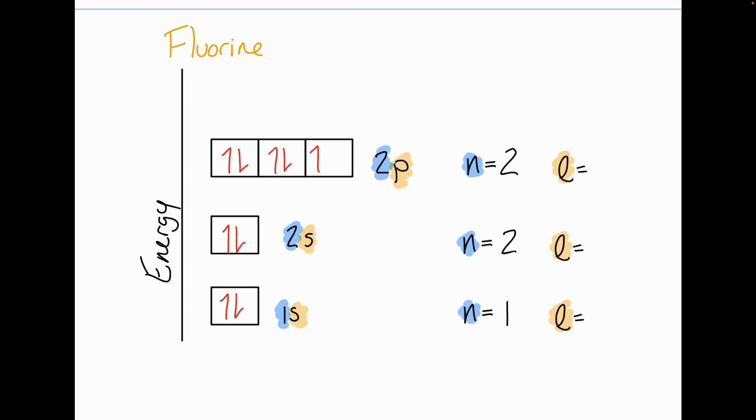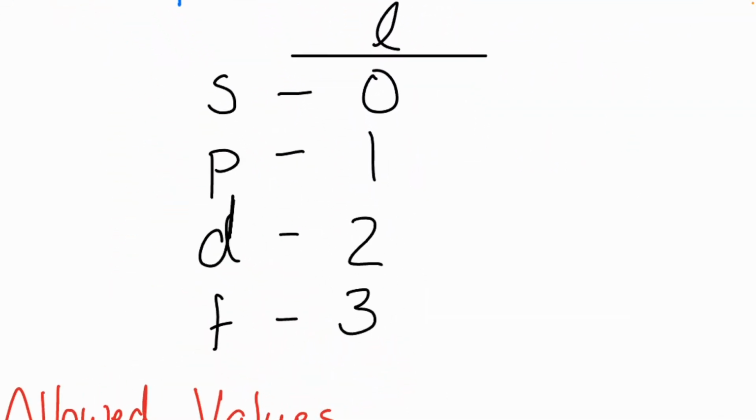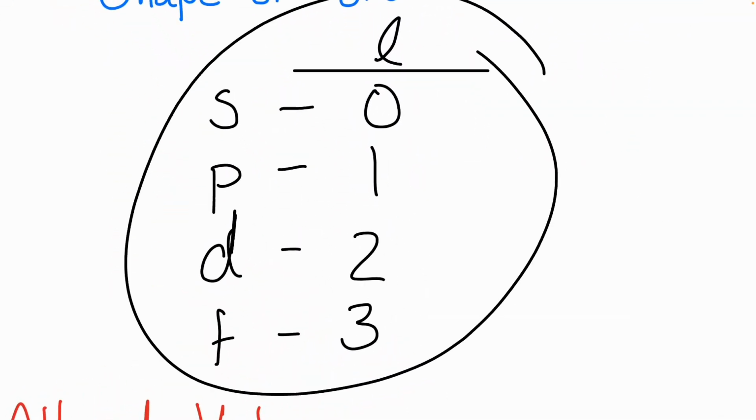So a 1s orbital, S, has an angular momentum quantum number of 0. A 2s orbital, also that spherical shape, has an angular momentum quantum number of 0. And a 2p orbital, P, has an angular momentum number of 1, right? Remember, the shape of that orbital uniquely corresponds to that value of L. S, P, D, F. That's the order you've got to remember.